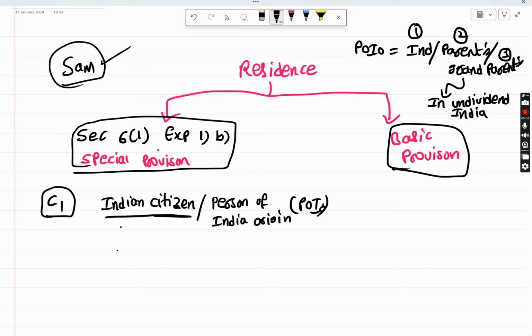If that person was born in undivided India or his parents or grandparents were from undivided India, then we will consider that person a person of Indian origin. Otherwise we wouldn't. Let's say one person is settled in USA right now, but his parents or grandparents were born in undivided India, then we will call him a person of Indian origin.